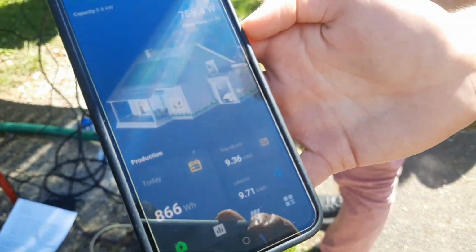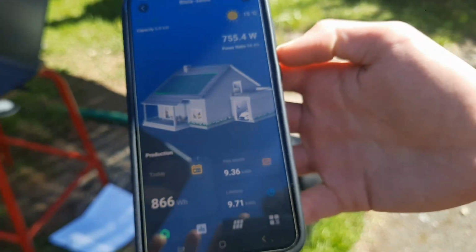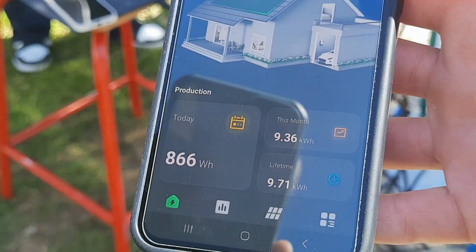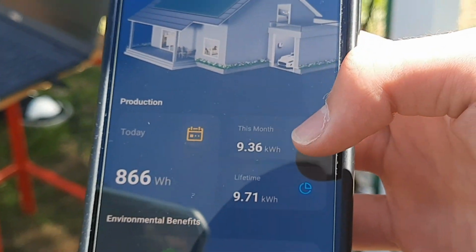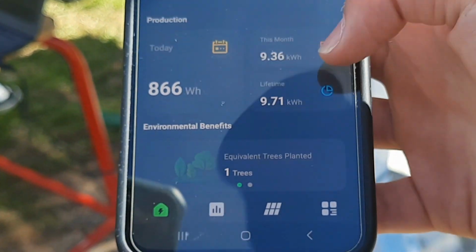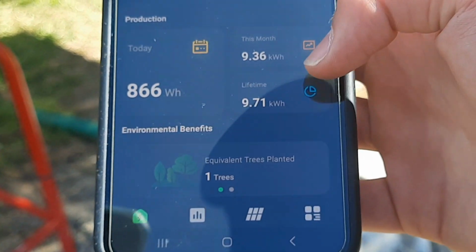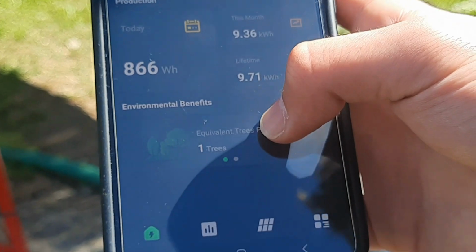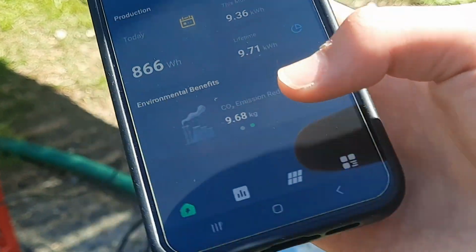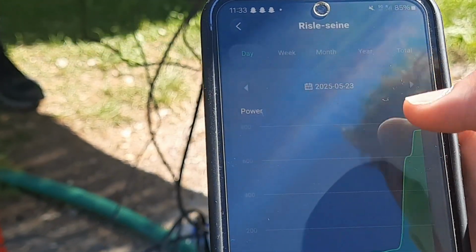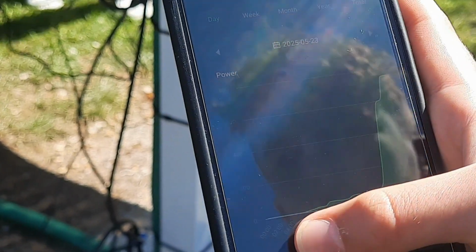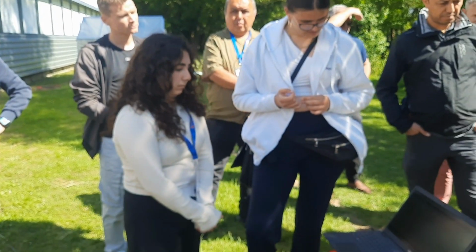You can see here the energy we produced, and the energy we produced this week, this month, today, and the number of trees we saved. And here you can see when it started producing energy today. Today it was at 6 o'clock, it began really slowly, and at 9:30 the sun came in.